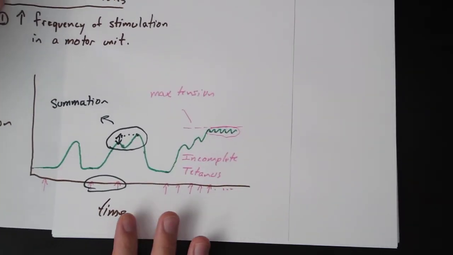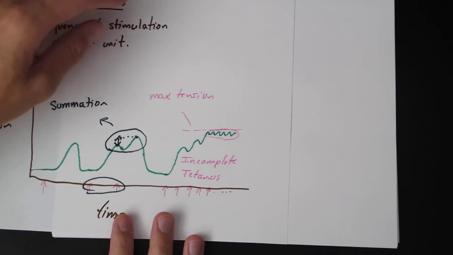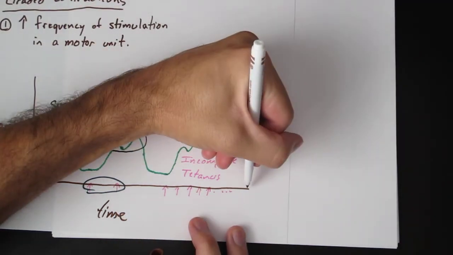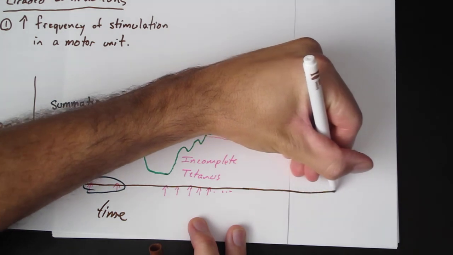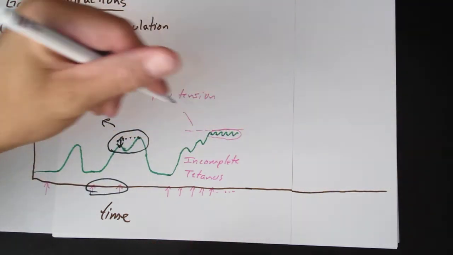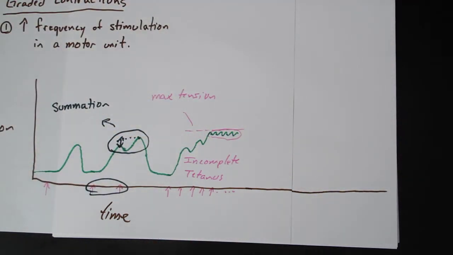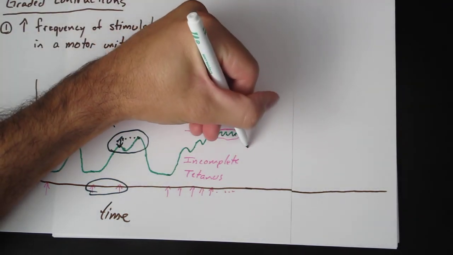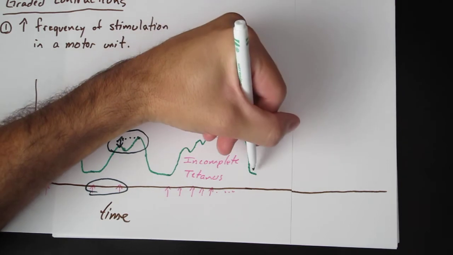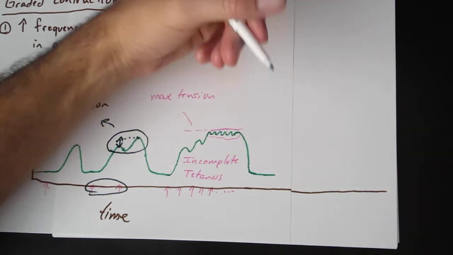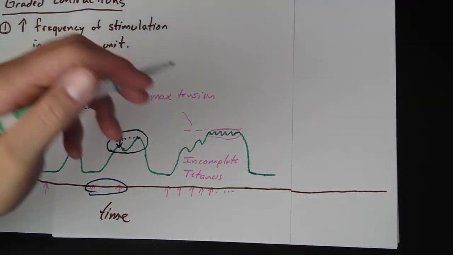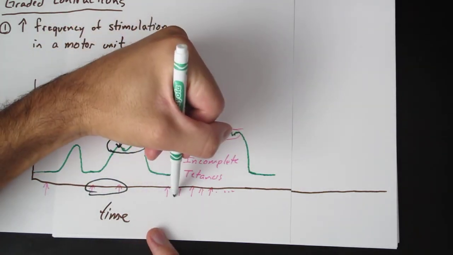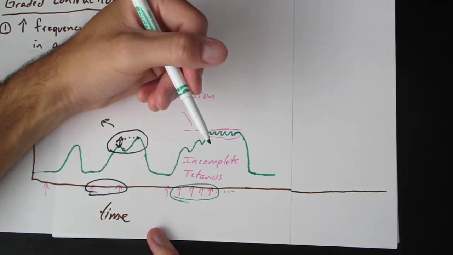However, we can take this one step further, and I'm just going to expand my graph here just a little bit. So this guy, I'm not going to stimulate it anymore. I'm going to let it return to sort of normal here. So here we are returning to normal. And what I'm going to do now is you'll notice that the stimuli were really close together right here.